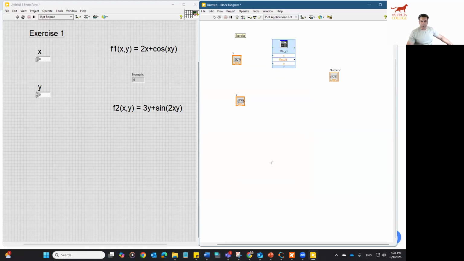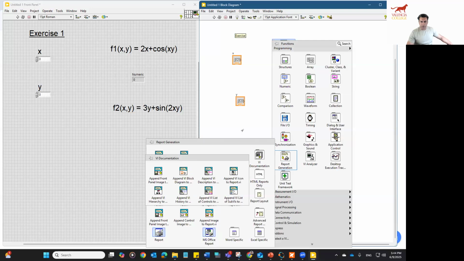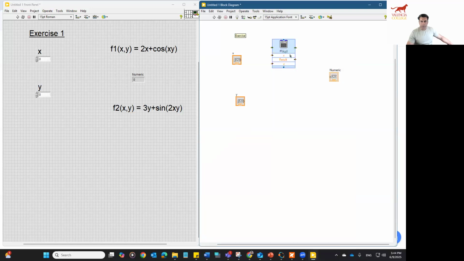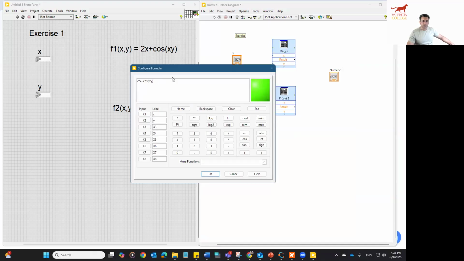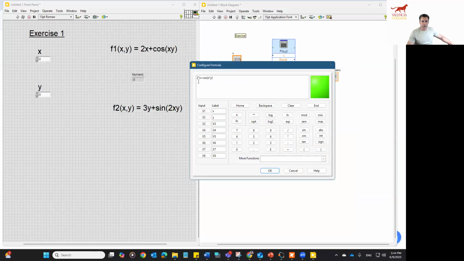And then I'm going to put another formula block and write down the other formula. Let's see if I can copy and paste it. Control C, Control V. And this is going to be my f2 of x,y, which is 3 times y plus sine of 2 times xy.